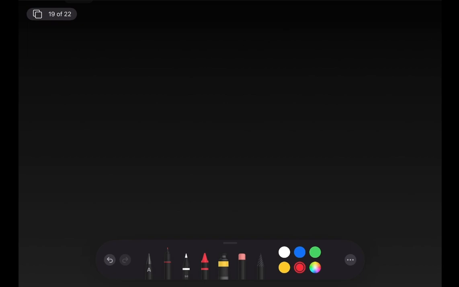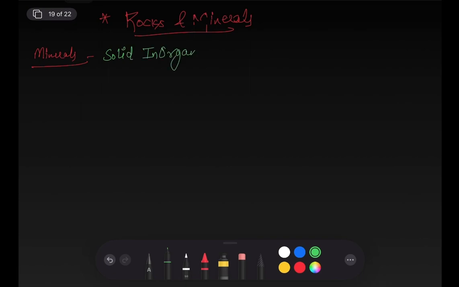Now our next topic is rocks and minerals. First we see what minerals are. Minerals are solid inorganic substances occurring naturally.